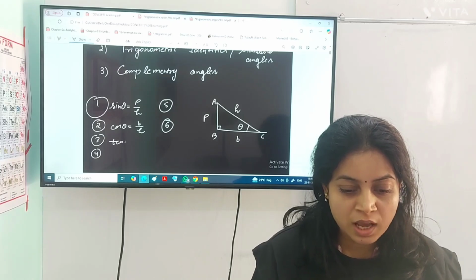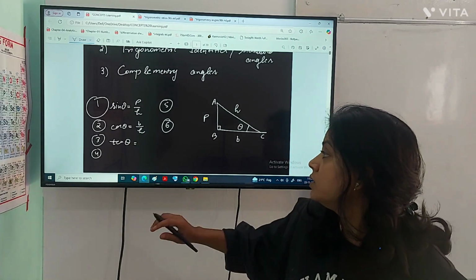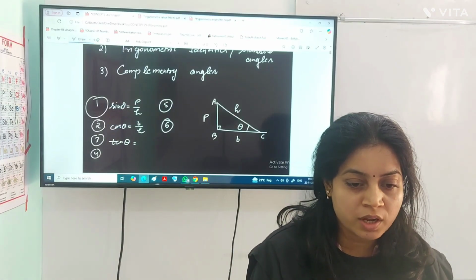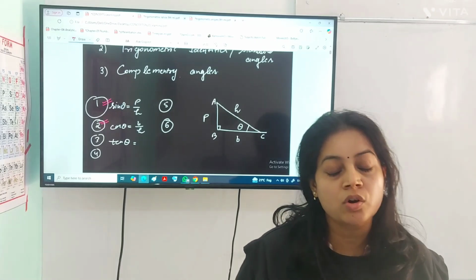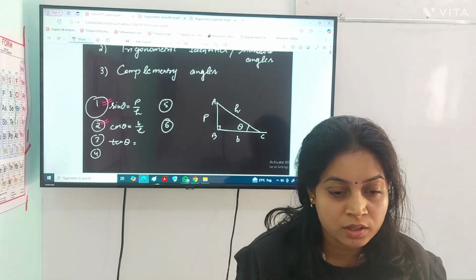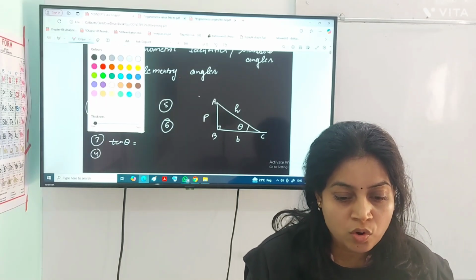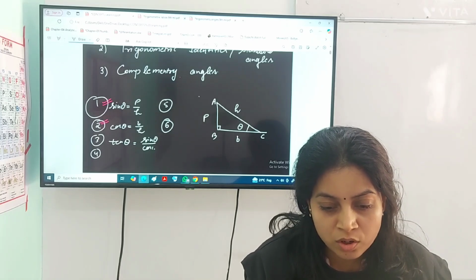Next one is the tan theta. What is tan theta? Tan theta is simply the ratio of sine theta and cos theta. As I have already told you that there are only two main ratios, sine theta and cos theta. Rest of the ratios are derived from sine theta and cos theta only. So what is tan theta? Tan theta is the ratio of sine theta and cos theta.